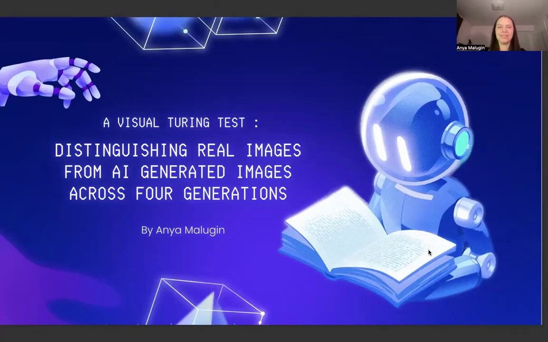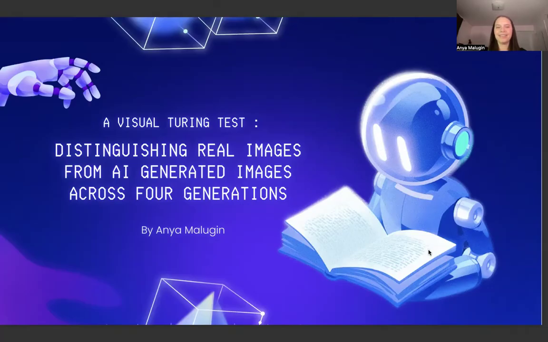And using these images, I wanted to observe 8 participants across 4 different generations and their ability to distinguish real imagery from AI generated imagery. I was very inspired to create this specific digital object by Alan Turing's Turing test.